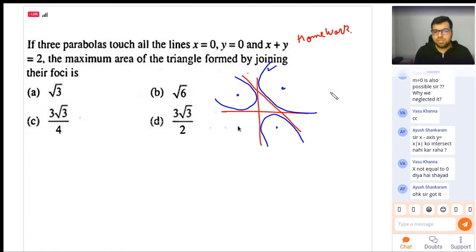So it looks like a complicated question, but here we will be using a property. What is the property?